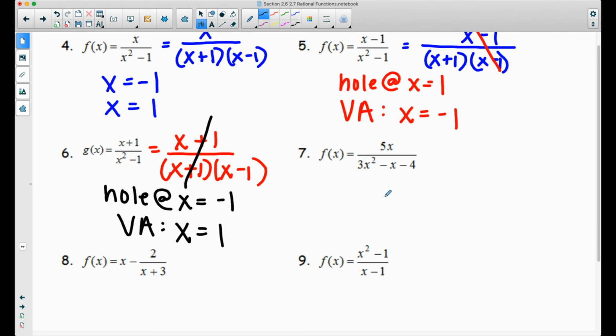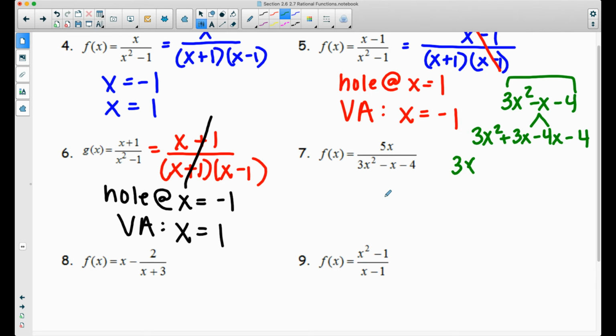Okay, on number 7, you have to do factoring the long way, which is fine. I'm going to start up here to give myself some space. What are factors of -12 that get me -1? -4 and 3. So 3x squared plus 3x minus 4x minus 4. I can take out a 3x here, I'm left with x plus 1.